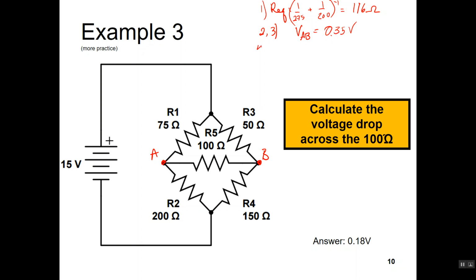So now, step 4, you got to redraw your circuit. Oh, no, I drew it wrong.